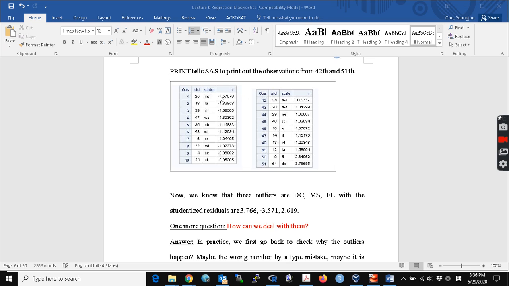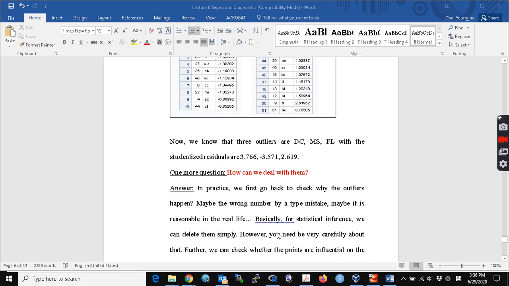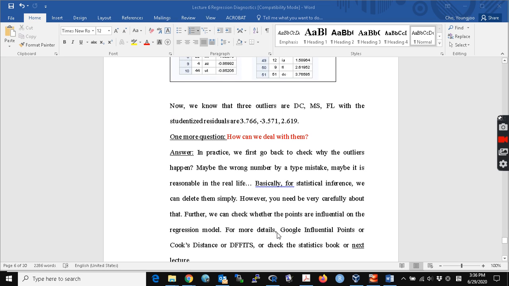So we can consider this an outlier. Florida and DC are greater than 2. Florida is a possible outlier, and DC is an outlier. So we can conclude that DC, MS, and Florida are the 3 outliers.